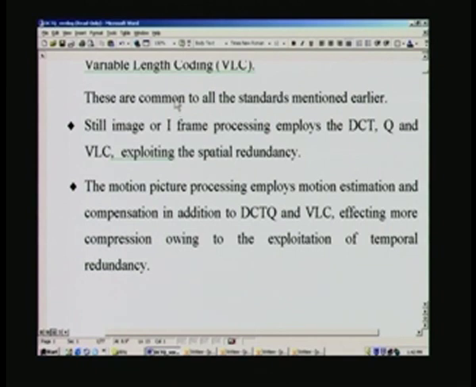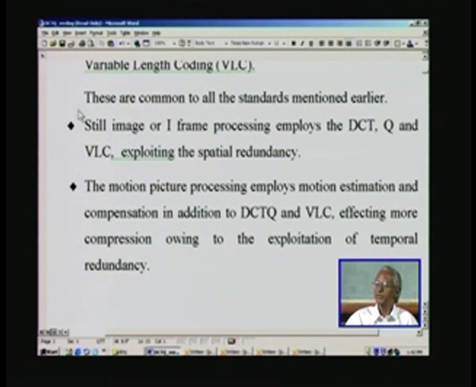All these which bring about the compression are common to all the standards mentioned earlier, namely JPEG through MPEG-2. Any still image, or I-frame, is processed block by block using that DCTQ, which we will be seeing in a video encoder block diagram shortly, and out comes the VLC bit stream.